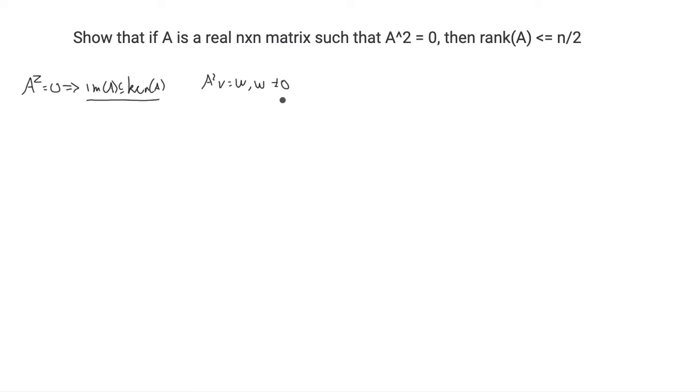This implies that the dimension, I'm going to use just big D for now, of the image of A is less than or equal to the dimension of the kernel of A.